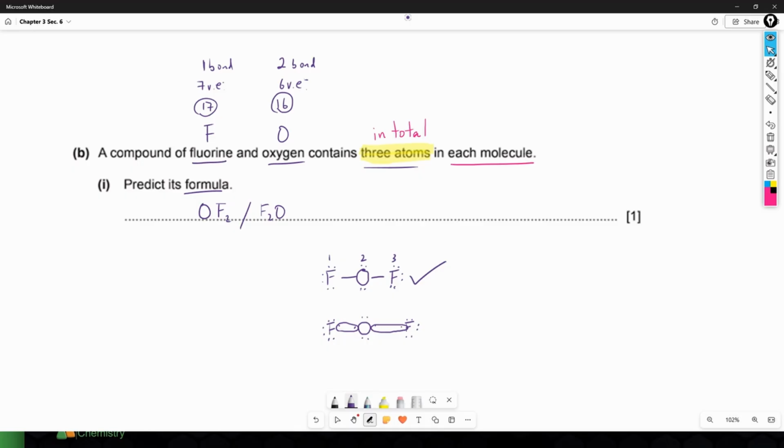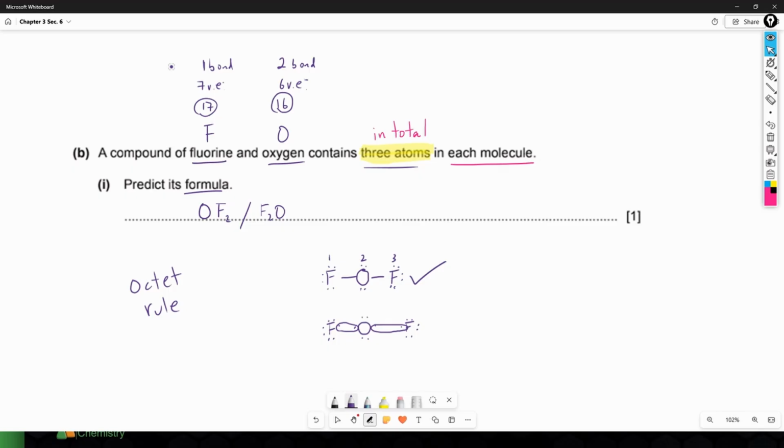But again, how do we figure this out? We figure this out based on what are the normal number of bonds that these elements make. And why do they make that many bonds? Because of how many valence electrons they have. Remember, what guides bonding in covalent bonding is the octet rule, which generally speaking means that everything wants the same electron configuration, or actually specifically speaking, it means that everything wants the same electron configuration as a noble gas.